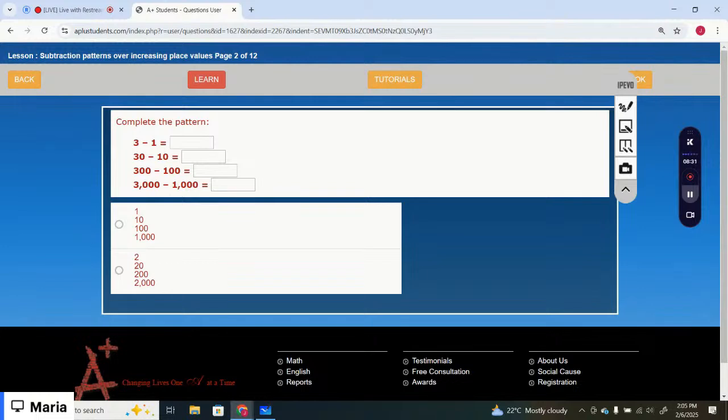Complete the pattern. 3 take away 1. 30 take away 10. 300 take away 100. And 3000 minus 1000.